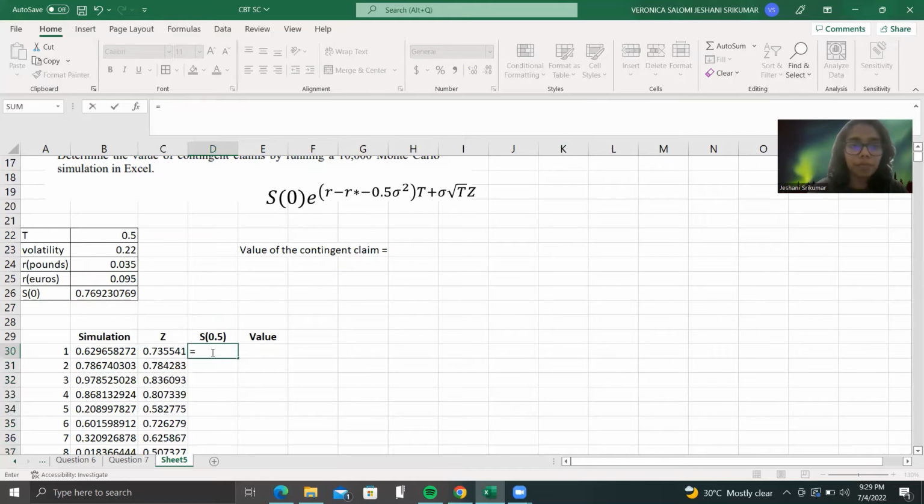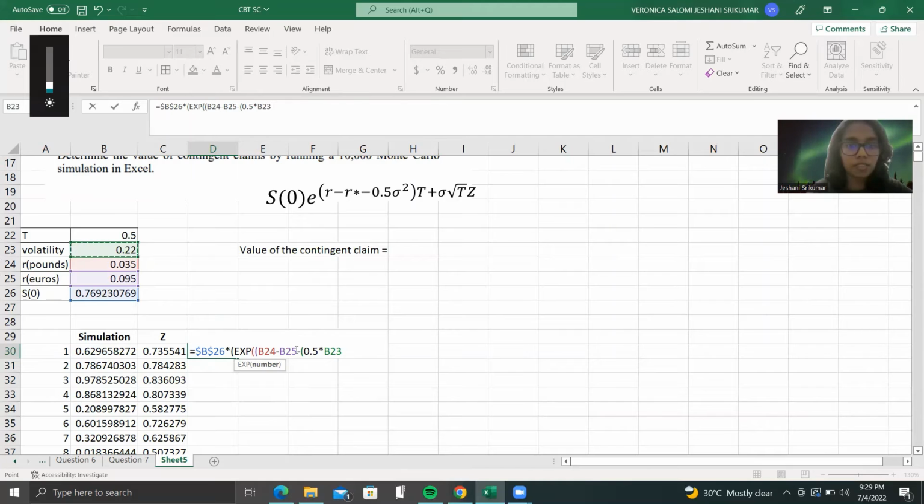We type in S0, which is this, and we lock it, into the exponential of, in this case, the pound risk-free rate first, minus the euro risk-free rate, minus half into the square of the volatility. We can lock these as well.